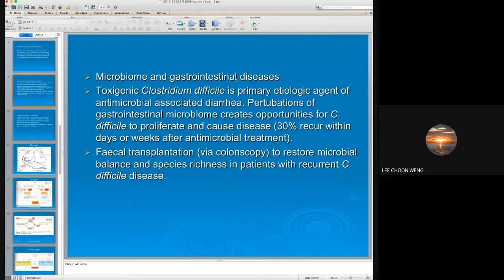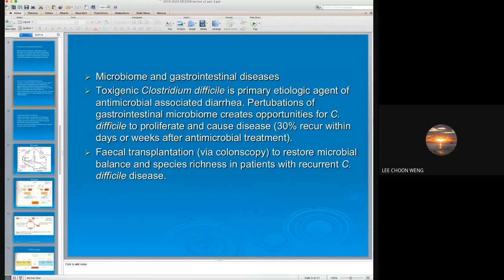Microbiome and gastrointestinal diseases: a popular example is Clostridium difficile. This is a primary etiologic agent, a causative agent, for antimicrobial-associated diarrhea. This is a persistent diarrhea that occurs in some patients that have undergone antimicrobial treatments, primarily because Clostridium difficile can overcome antimicrobial treatments, so it is very difficult to remove.